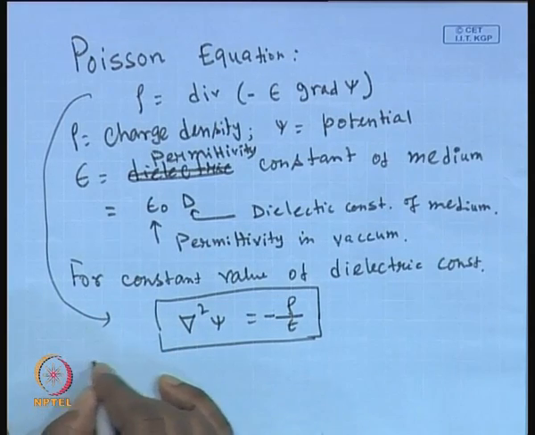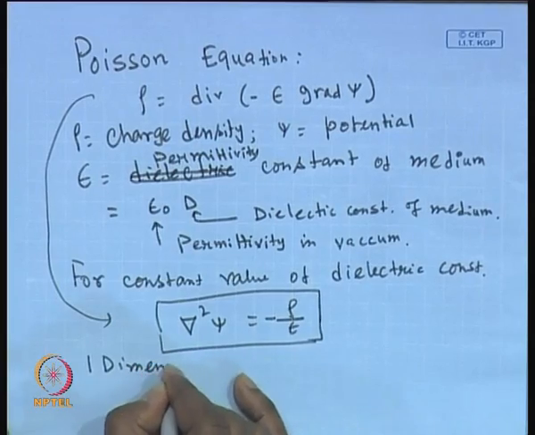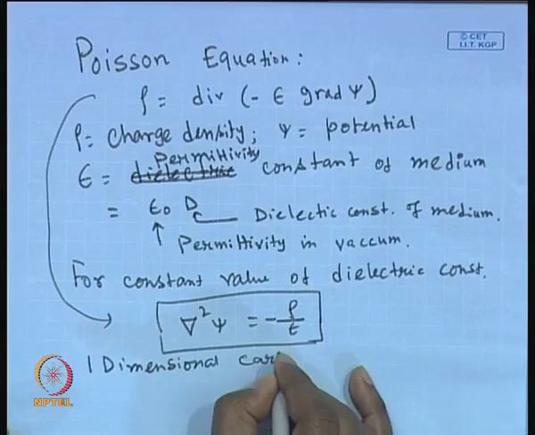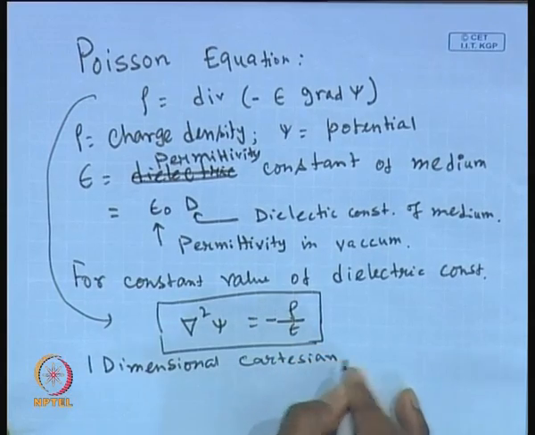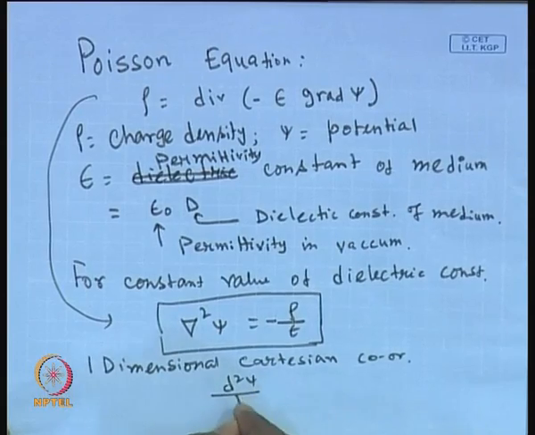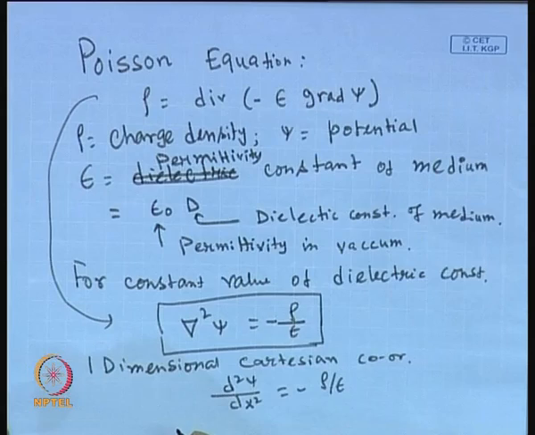under one dimensional Cartesian coordinate, this will be nothing but d square psi dx square is equal to minus rho over epsilon, right.